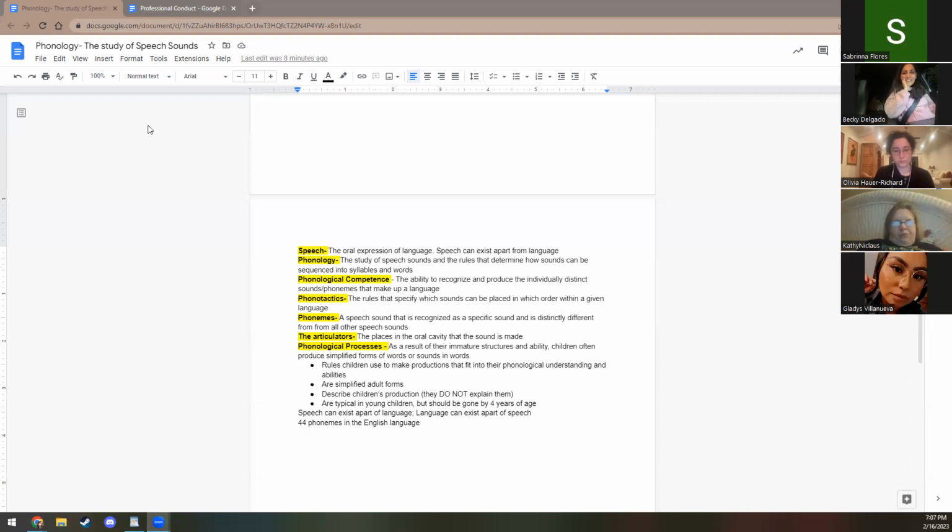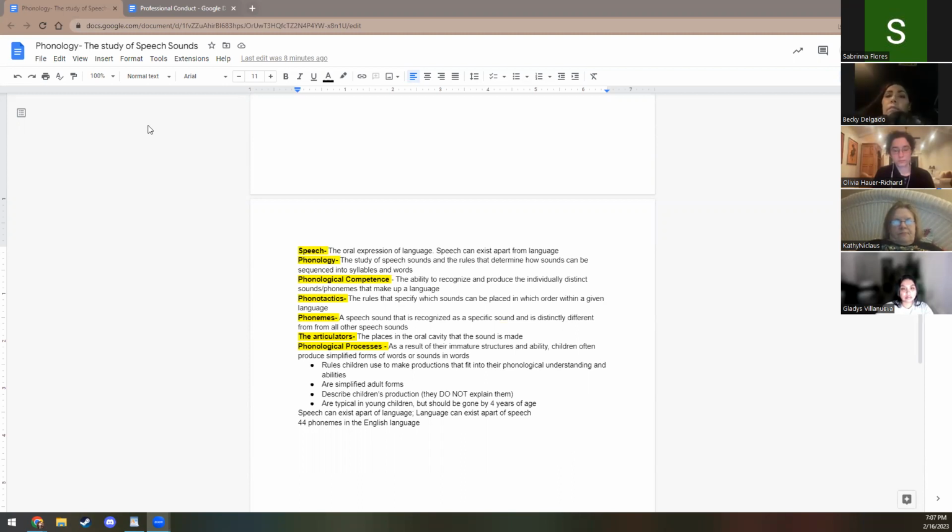So we have speech, which is the oral expression of language. And then you have phonology, the study of speech sounds and the rules that determine how sounds can be sequenced into syllables and words. Then you have phonological competence, the ability to recognize and produce the individually distinct sounds or phonemes that make up a language.